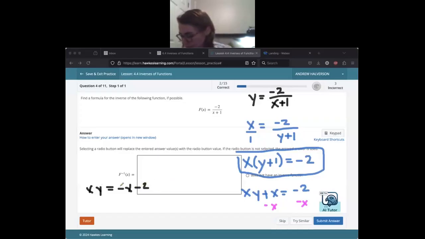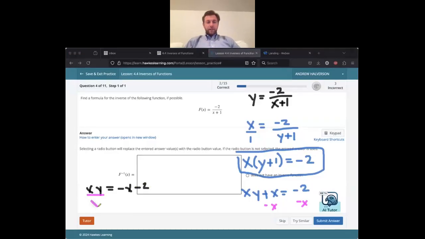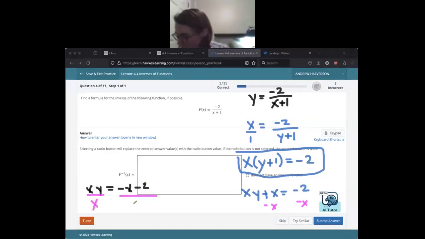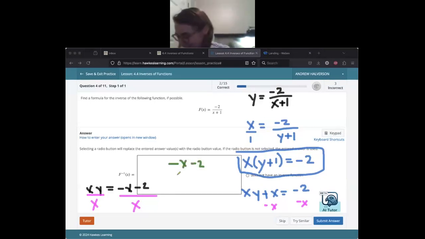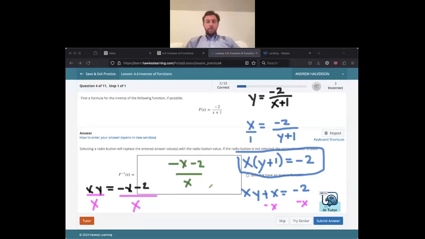I'll put -x first. Negative x minus 2. And then you'll divide by x on both sides. I see, I'm going to end up getting the same answer that you did. You do. It looks a little different, but it is the exact same thing. -x minus 2 over x. It is the same thing.